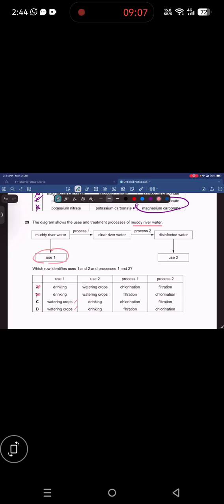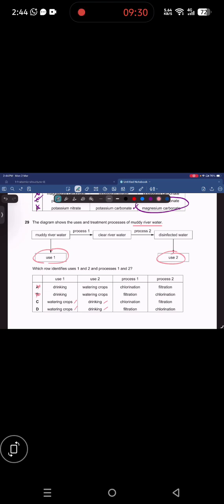Now let's look at process number two. The use for process two is drinking, which is also present in C and D. For the processes, for process number one, we have to filter the solid particles.